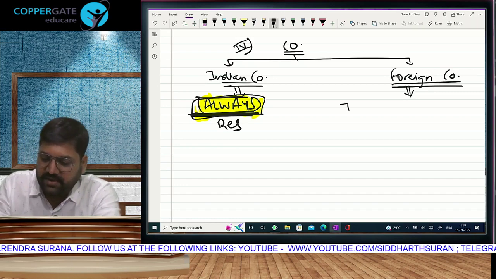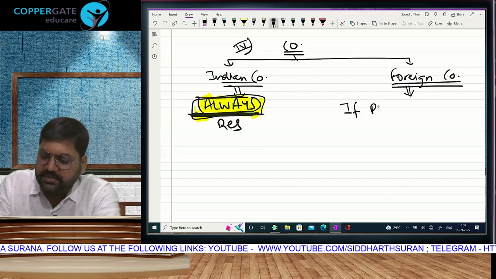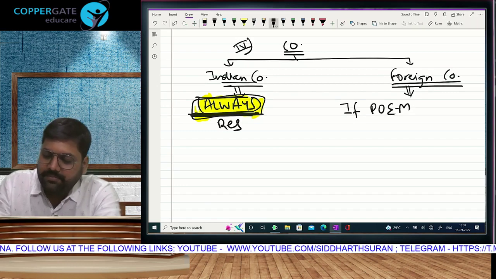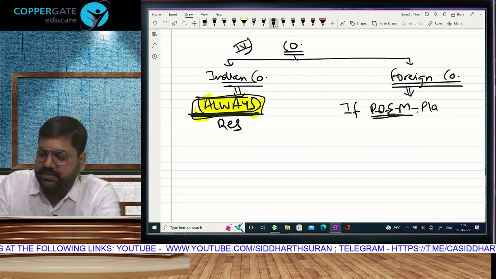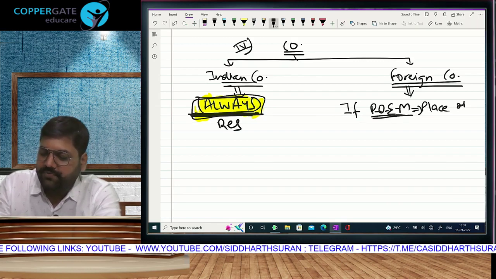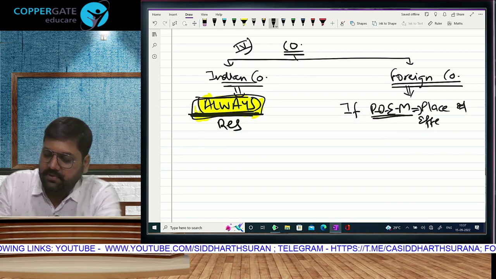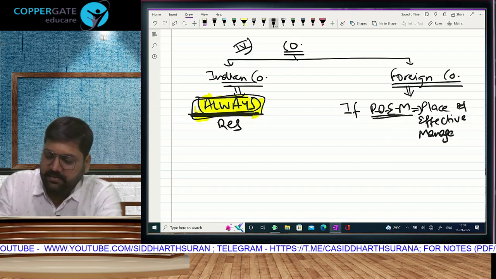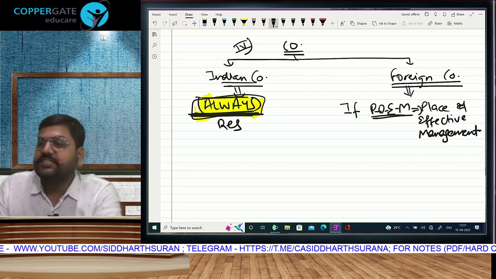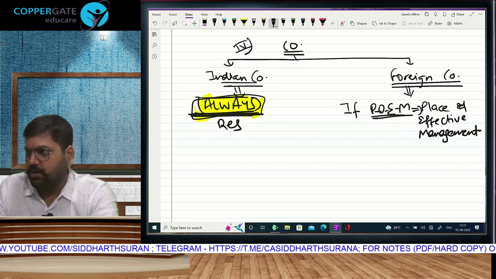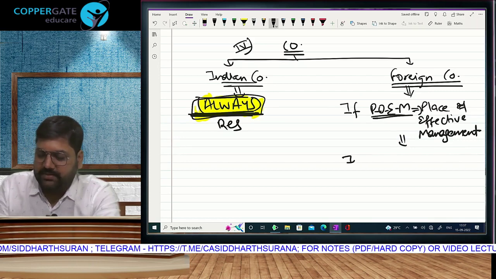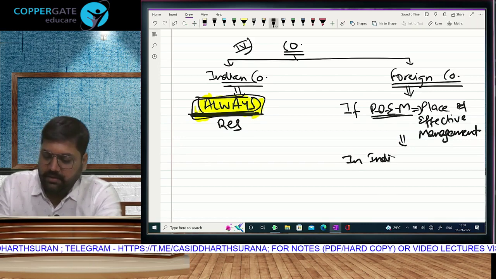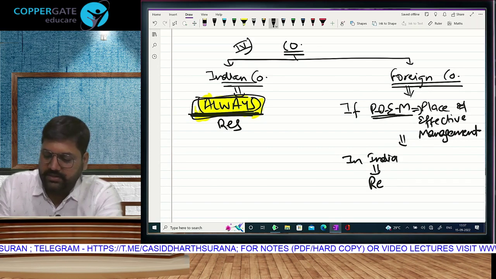So for this they have a criteria called, if it's POEM, not a poem, place of effective management. If that is in India, then it is going to be a resident.